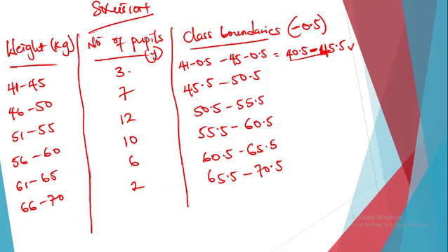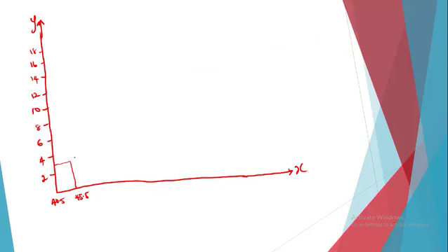Then secondly, we have 45.5 to 50.5, and the number here is 7. So we draw this up from here. Remember I told you that you don't separate the bars. 7 will be at the center of 8 and 6.